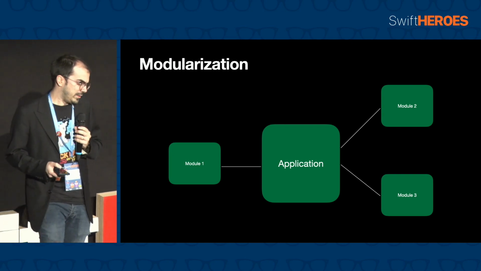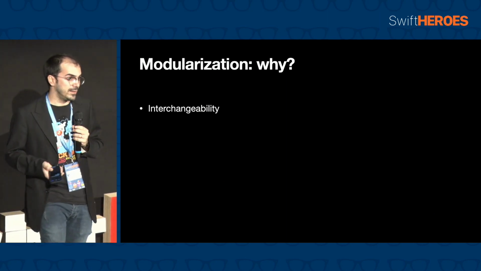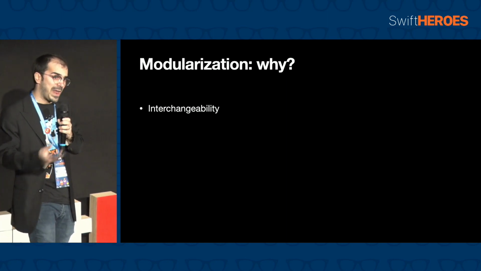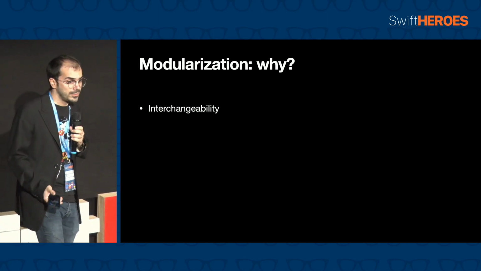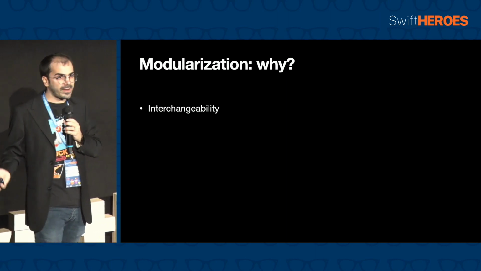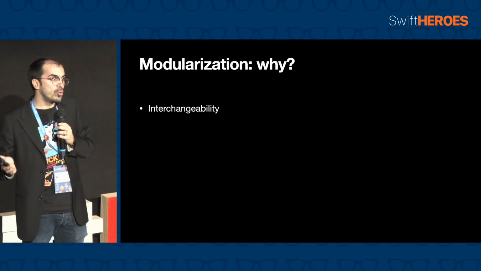What kind of benefits? The first one, I already mentioned, is interchangeability. Think about it. We saw talks about feature flags and so on yesterday. With a modularized application, we can easily replace one module with a new module.